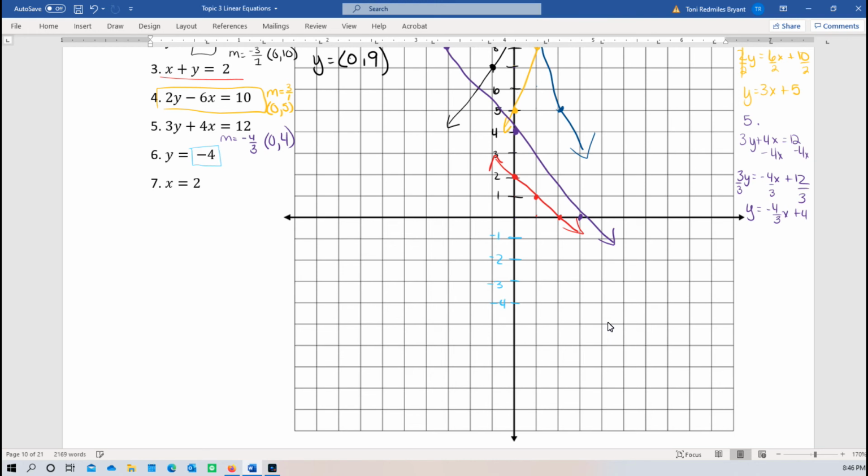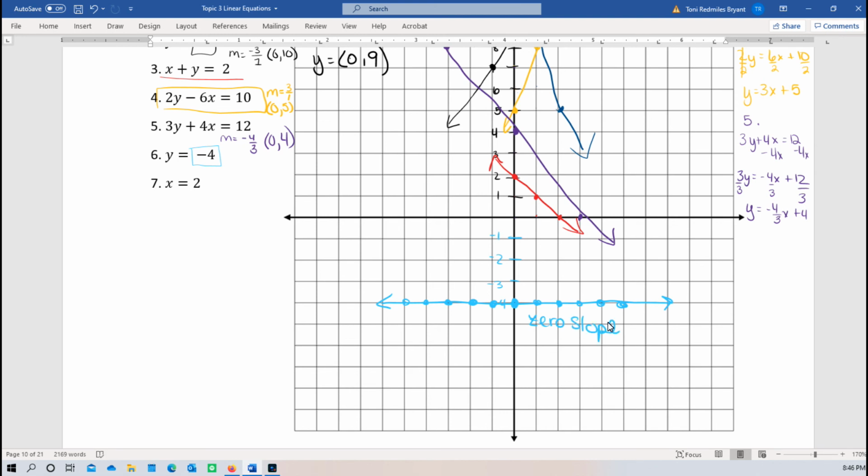And at negative 4, all of my y values are going to correspond with negative 4. So see, these are all y values. All these y values are negative 4. It's never going to go through the x-axis because there's no x's in the equation. And that's our line. And remember, this is our 0 slope.